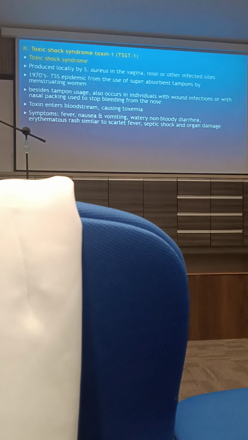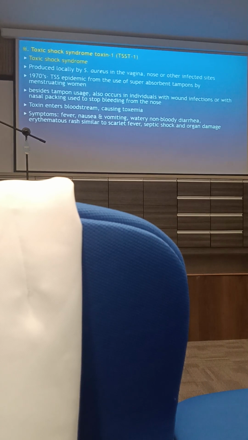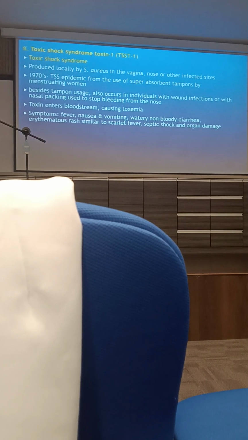Okay, so next, toxic shock syndrome. Toxic shock syndrome toxin 1 causes toxic shock syndrome, produced locally by Staph aureus in the vagina, nose, or other infected sites. It's often related to the use of tampons. I don't know if the guys know what a tampon is, but it's a form of sanitary napkin that is placed inside the vagina.